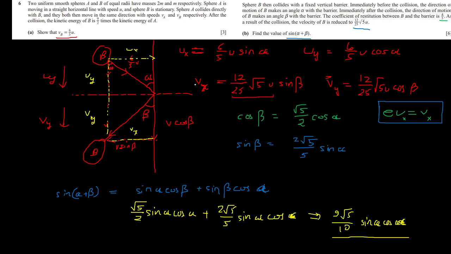Now it's just smooth sailing from here. We found the horizontal components of velocity, we equated them, we got values of sine alpha, cos beta, all that stuff. Now it's just a matter of actually solving the question. So find sine alpha, find cos alpha.